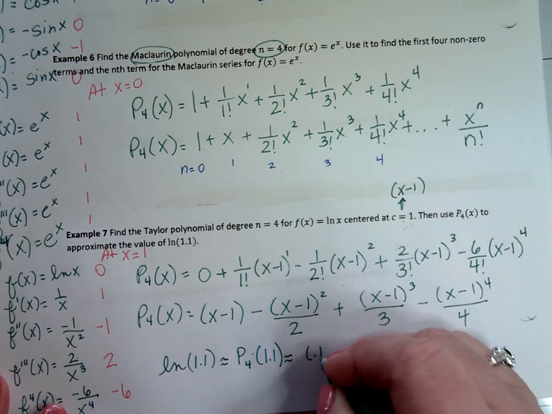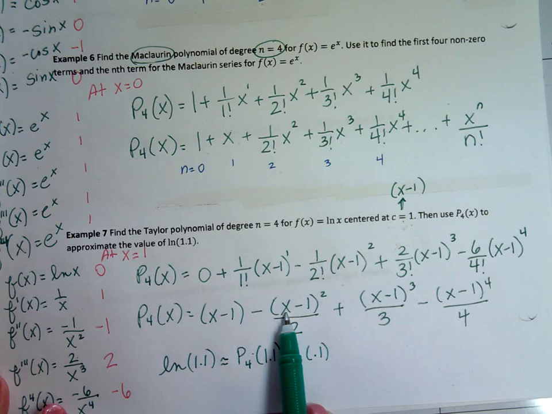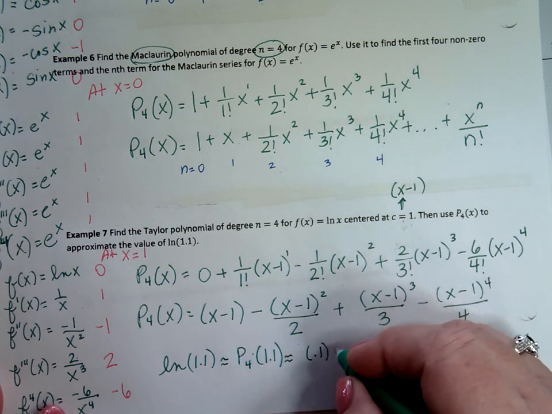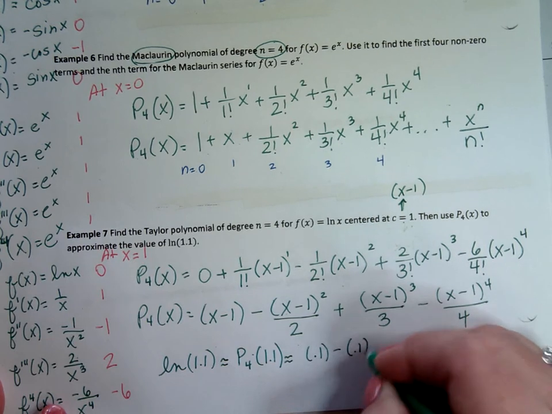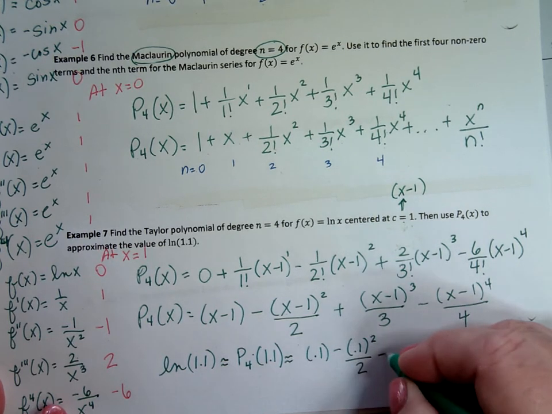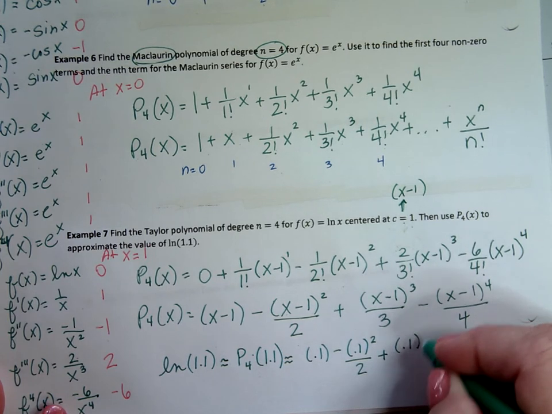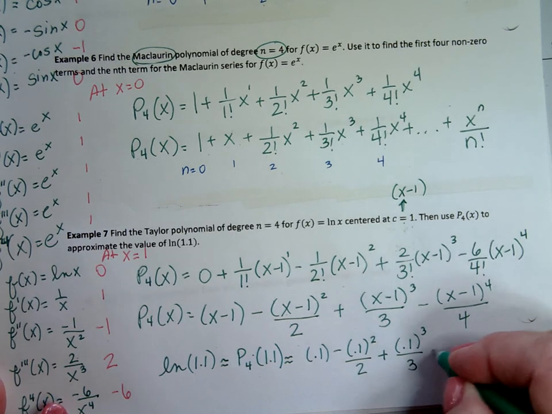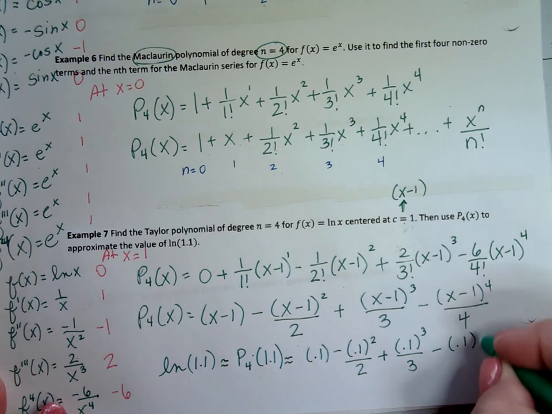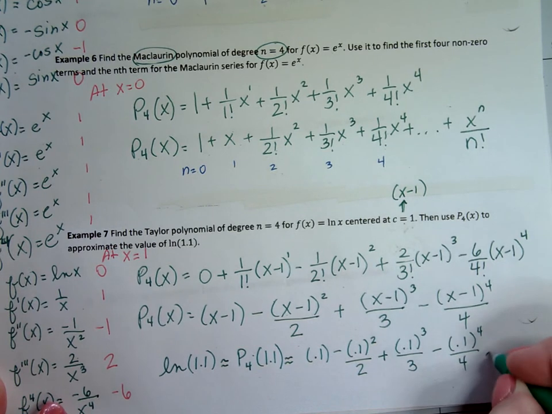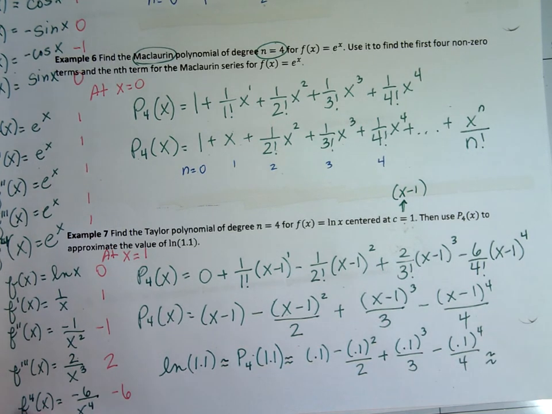This one would be 1.1 minus 1, 0.1, squared over 2. And again, every set of parentheses, you're going to have a 0.1 cubed over 3, and a 0.1 to the 4th over 4. Go to your handy-dandy calculator, and here's what you get: 0.0953.